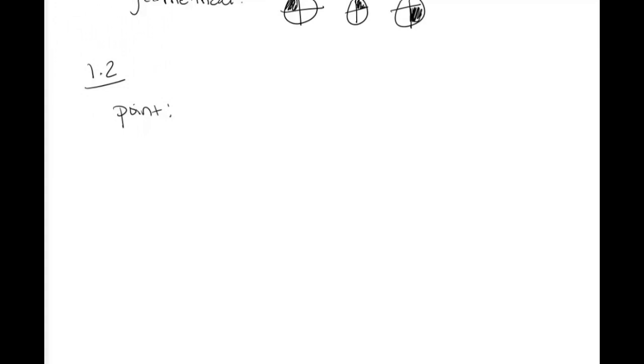So a point has a location and no size. We denote it like this and with some sort of letter. And we would name this point A. All right. So this is point A. You think that's silly, but I promise it gets a little tricky sometimes as we apply this. So that's why we're being clear.